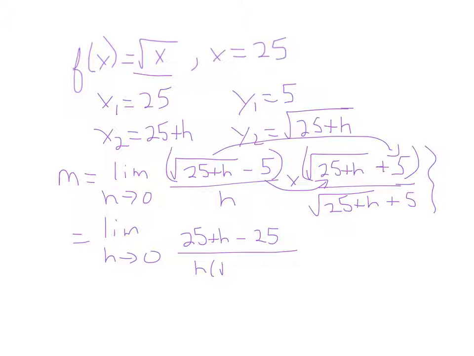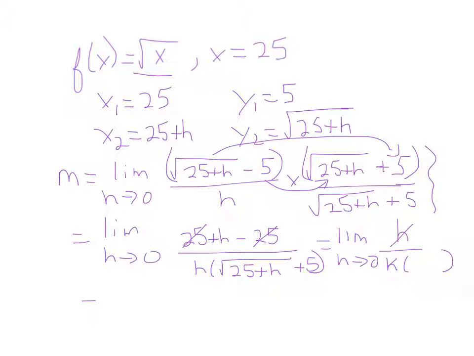And on the bottom, we're not going to bother writing any of that out. We're just going to write what we have. So we have 25 minus 25 equals 0. And so we have the limit as h approaches 0 of h over h times that bracket. Those h's now cross out, which allows me to put h equals 0 into the formula.